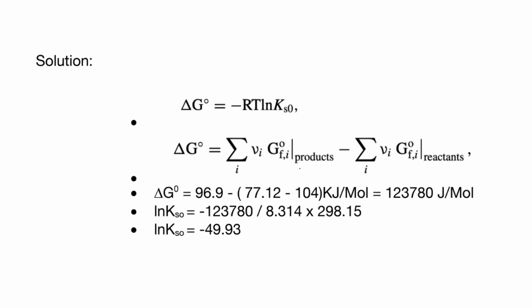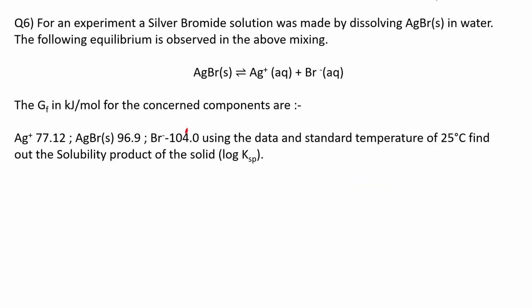Let's see the solution. So delta G is minus RT ln K. So what is delta G? It should be the Gibbs free energy of formation of products minus the Gibbs free energy of formation of reactants. So you can see this was the product and these are the reactants.